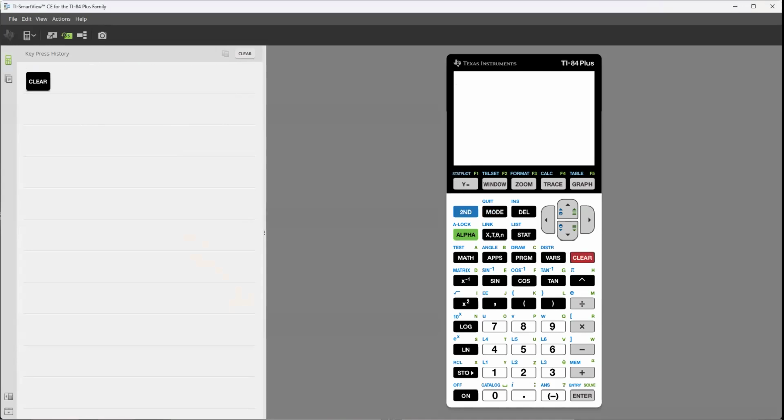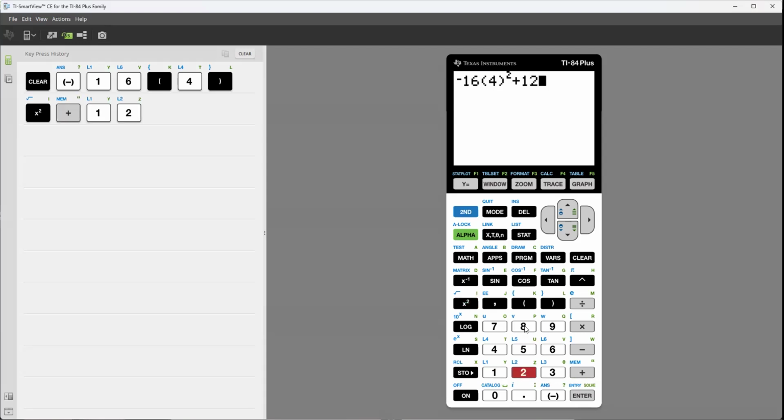You could have punched in negative 16 times 4 squared plus 128 times 4 plus 9. Punch that in and got your 265. So either way, y'all, hand or calculator, it'll work.